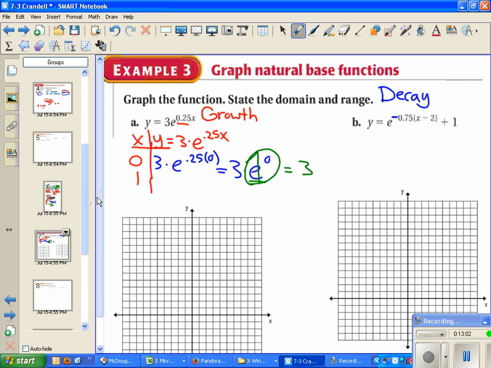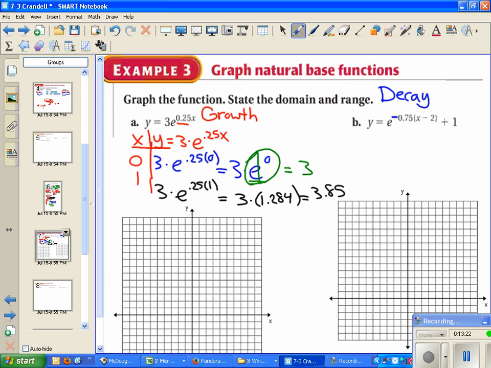The next one, we have 3 times e to the 0.25 times 1, which is 3 times, and then e to the 0.25 is 1.284. And so if you round, you get about 3.85.